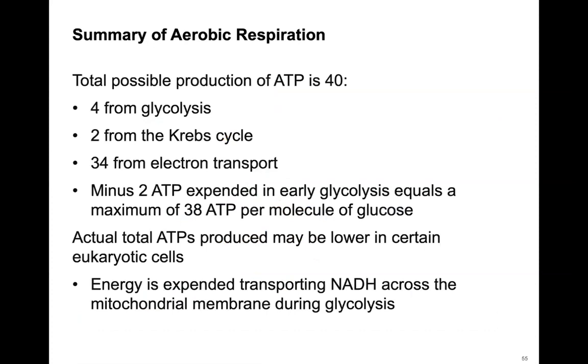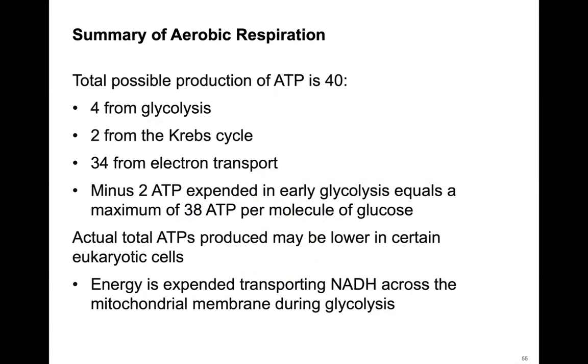So the overall summary of aerobic respiration is that you are going to end up with a possible production of 40 ATP: 4 from glycolysis, 2 from the Krebs cycle, and that was by substrate level phosphorylation, and 34 from the electron transport. However, because 2 ATPs were already spent in early glycolysis, this leaves us with a maximum of 38 ATPs.